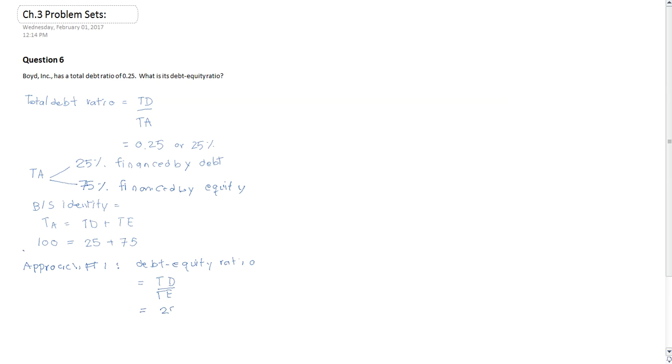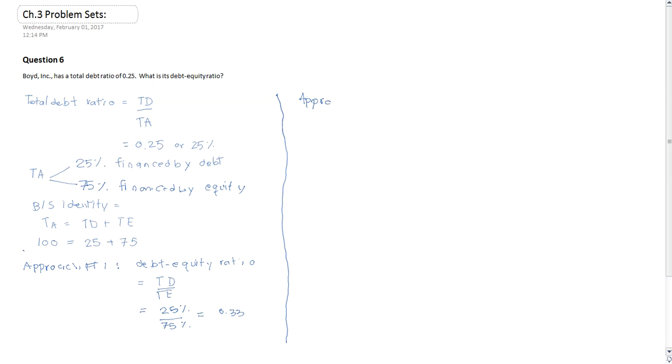So we already know that we have total debt 25% and total equity 75%. So the result from this will be 0.33.